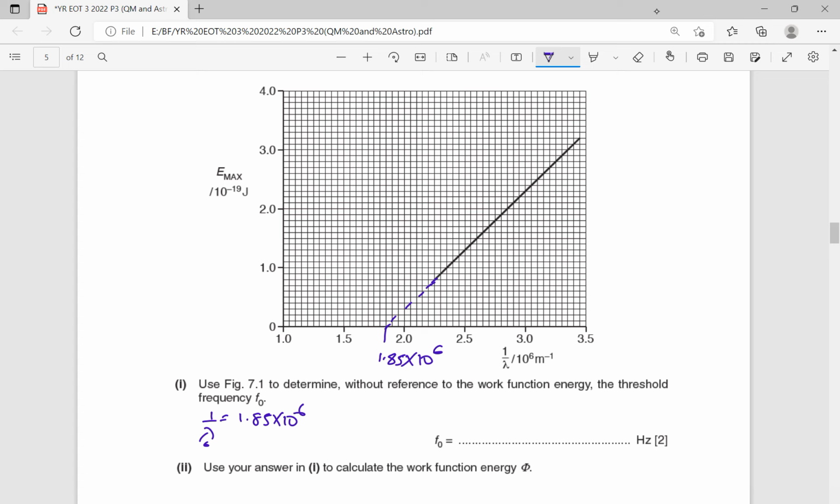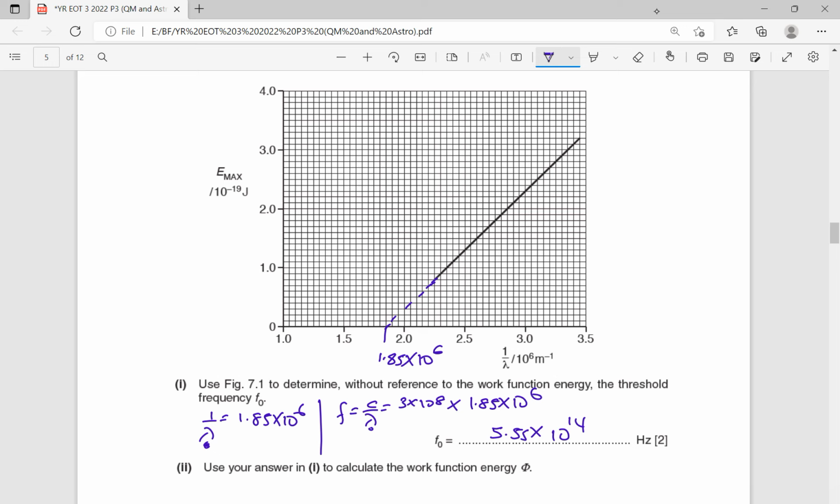From the general wave equation, we know that frequency is equal to c over lambda. So c will be 3 times 10 power 8, times 1 over lambda naught, which will be times 1.85 times 10 power 6. Of course, you can't divide, because it is not lambda naught but 1 over lambda naught. That's why we have multiplied here. And when you press your calculator, you get 5.55 times 10 power 14 hertz as the threshold frequency.